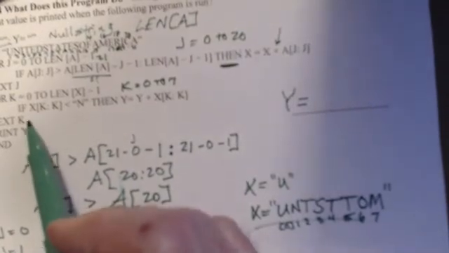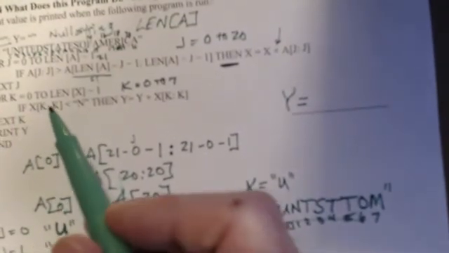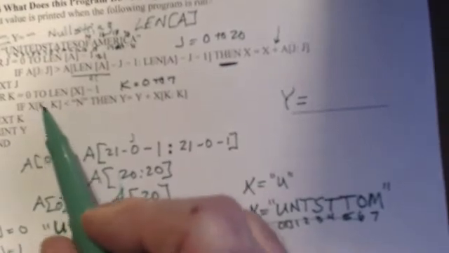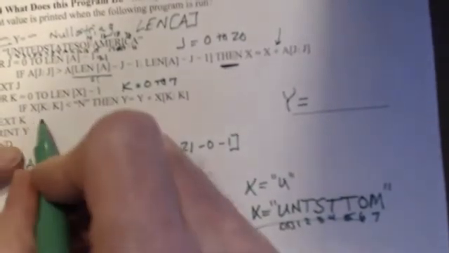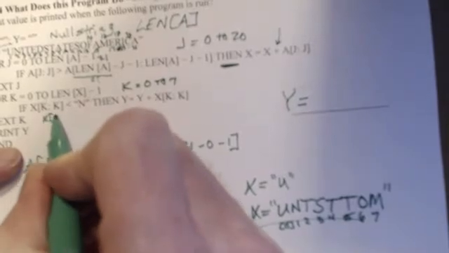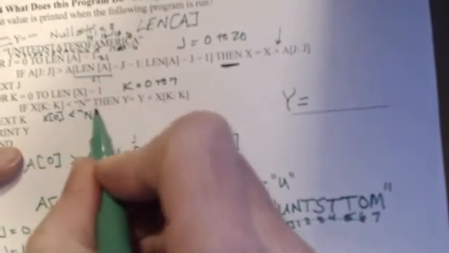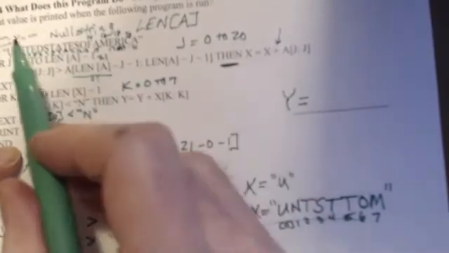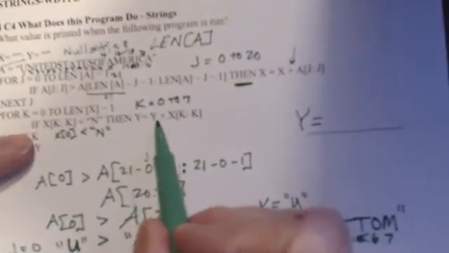Okay, and so if K through K, well, that's just one character, and we're starting at 0. So if X sub 0 is less than N, then we're going to build the Y string. Remember the Y string that was also started at the null string value? We're going to start building that. Notice that Y concatenates to itself.